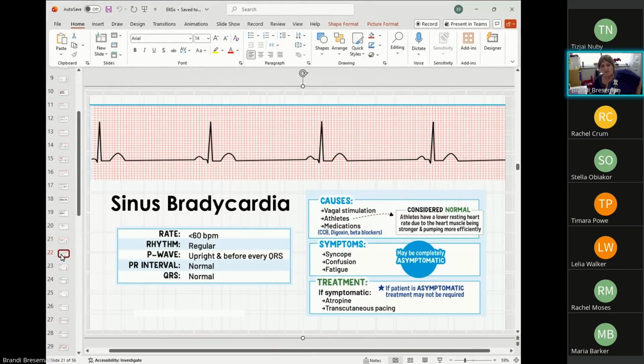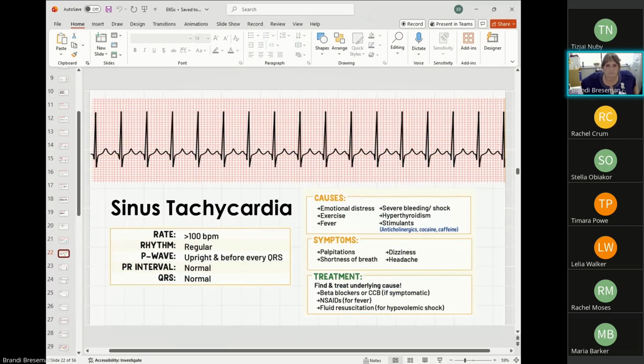Okay, so sinus tachycardia. We have a heart rate above 100 beats a minute. Now, I don't see my tick marks. This is a bad strip, but we're going to assume this is a 6-second strip because I don't see the marks.